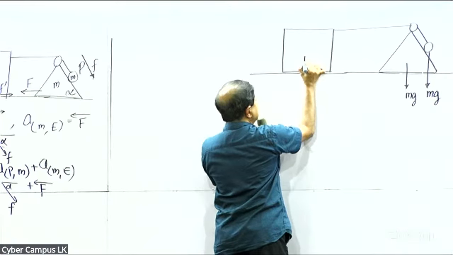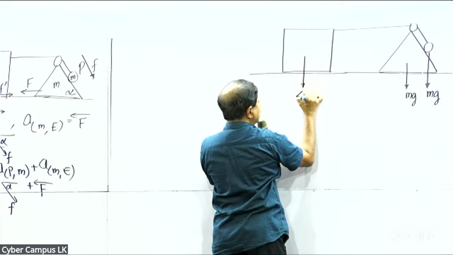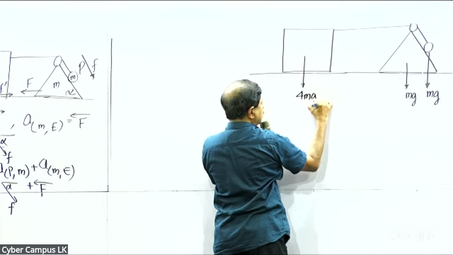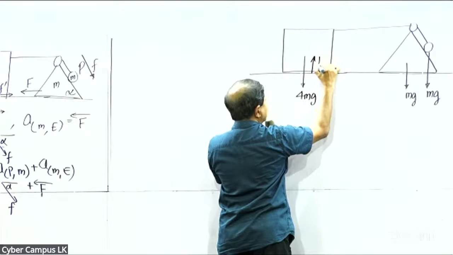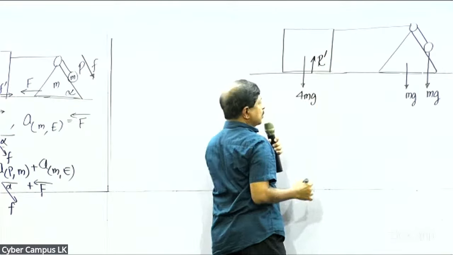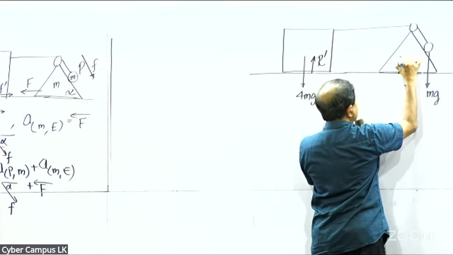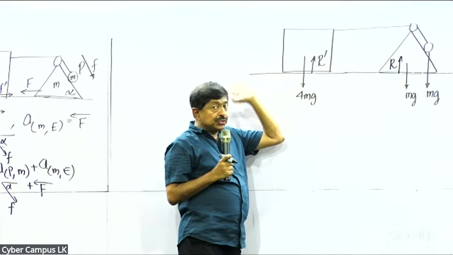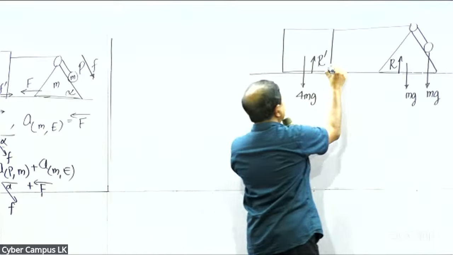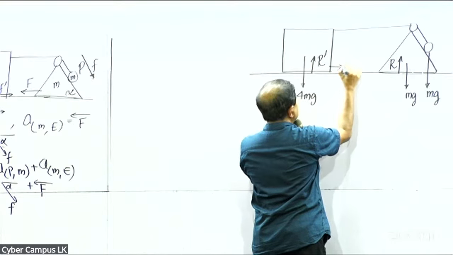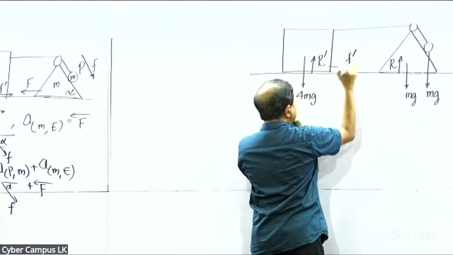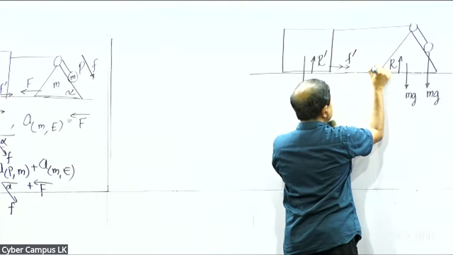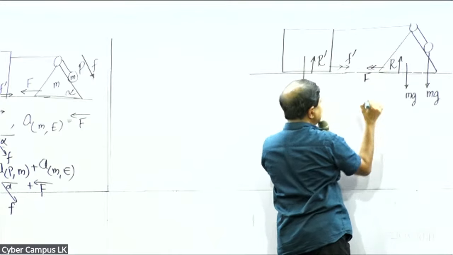This is 4mg. All the dashes are there for this 4m. Acceleration is F dash. This is capital F.